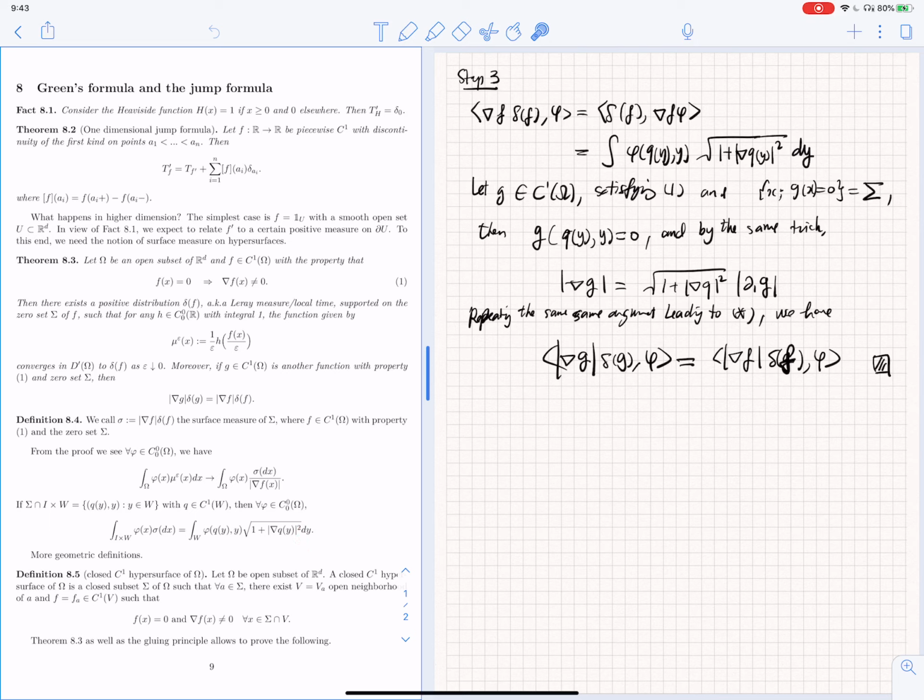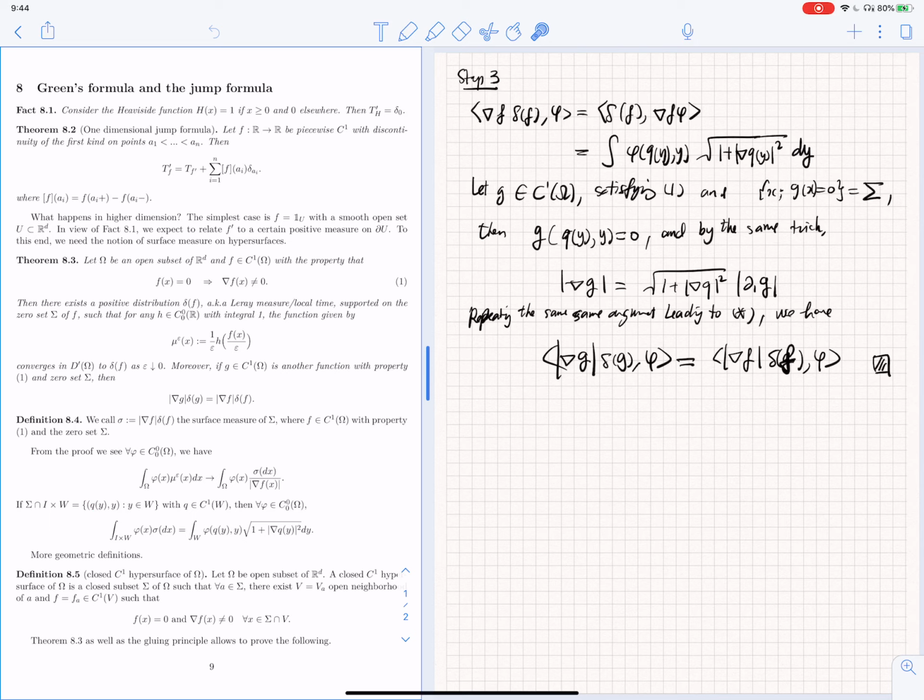If we compute the integral on the rectangle I times w satisfying this property, this is nothing but a bunch of points on the hypersurface, a subset of the hypersurface.